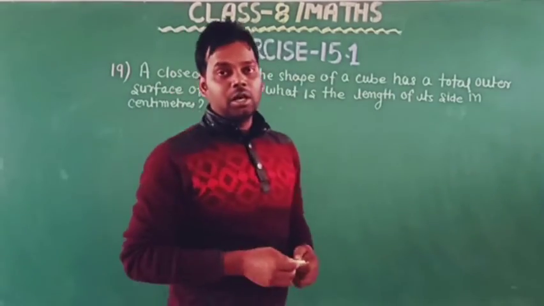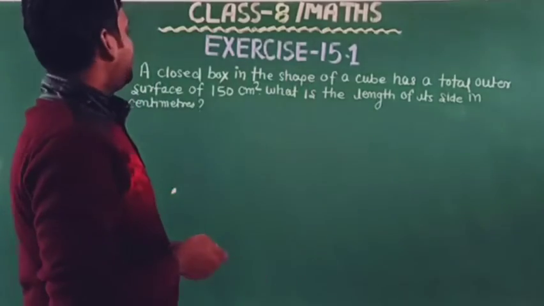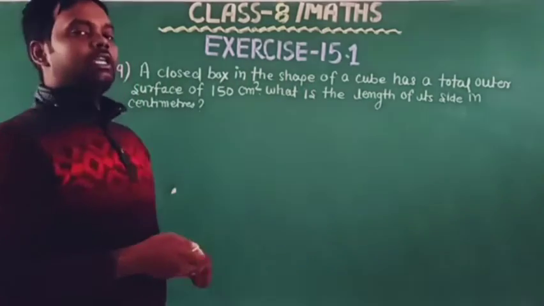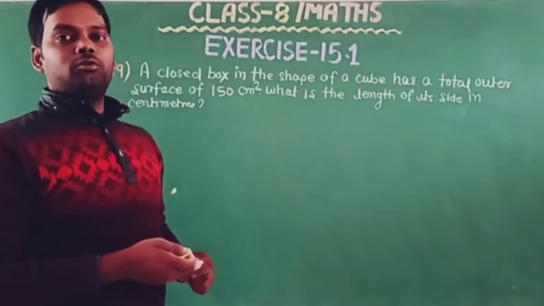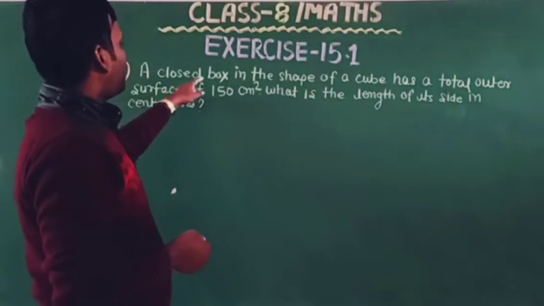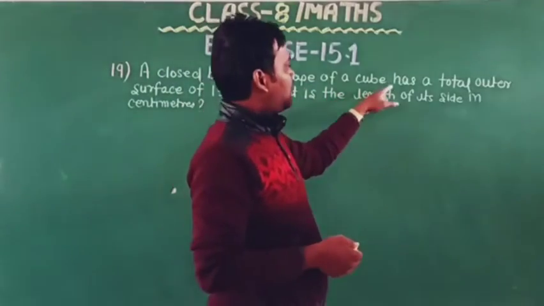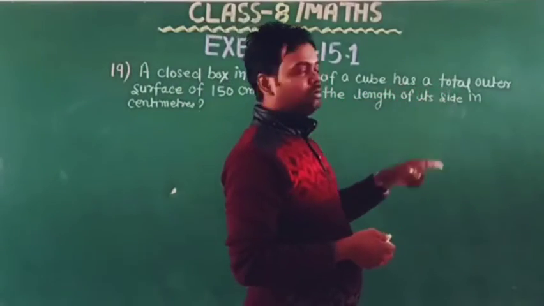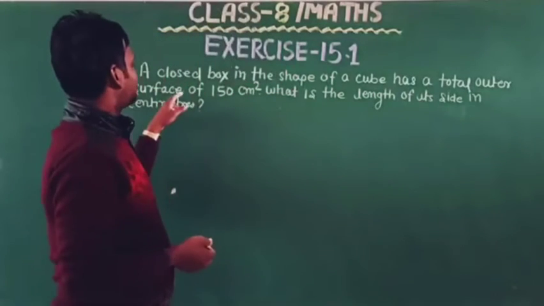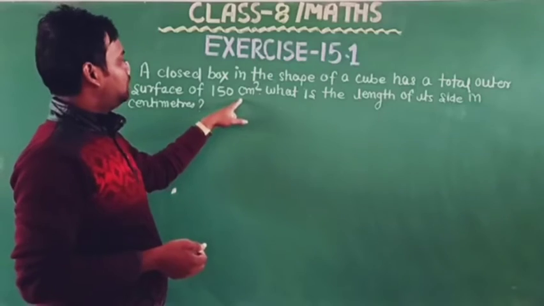Okay children, now move to question number 19 of exercise 15.1. In this question it has been said that a closed box in the shape of a cube has a total outer surface of 150 centimeter square.